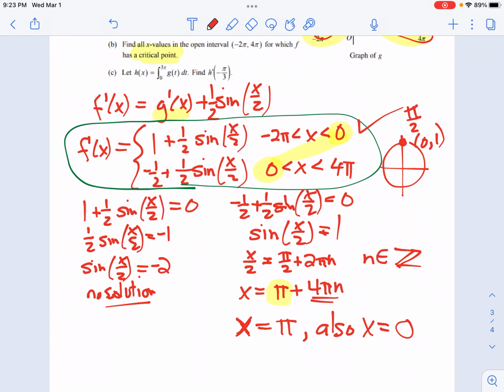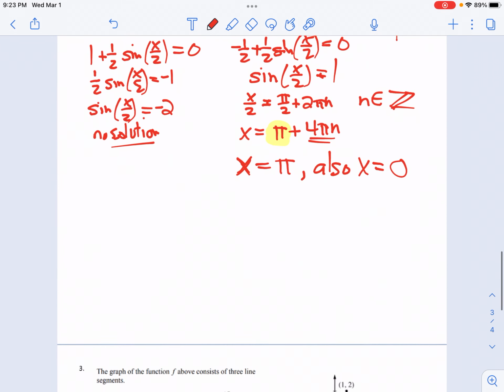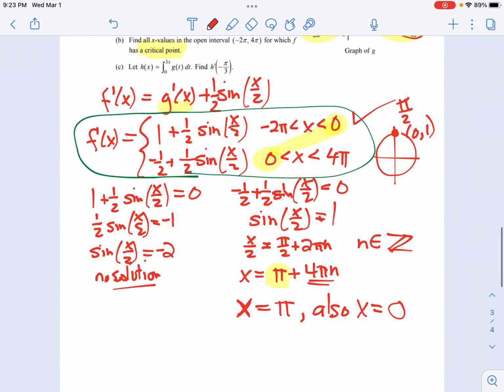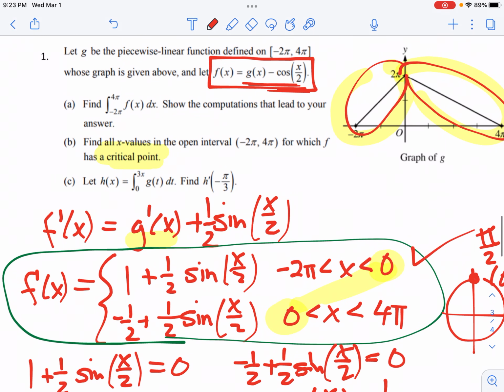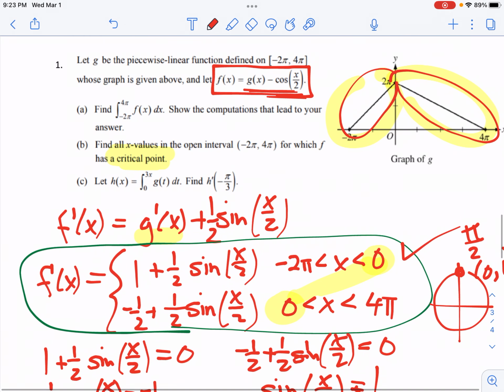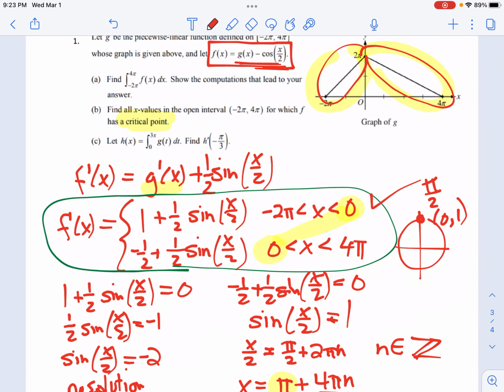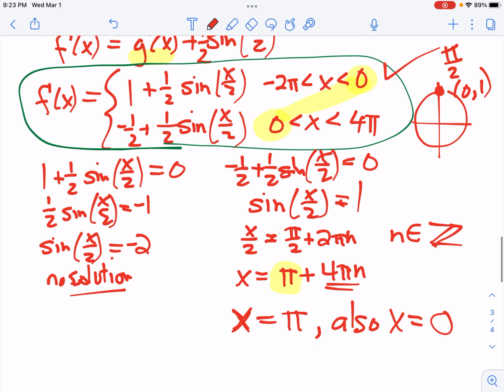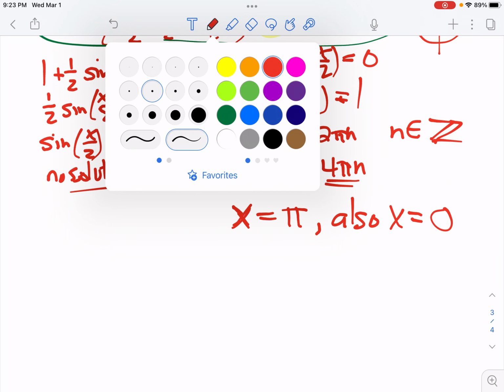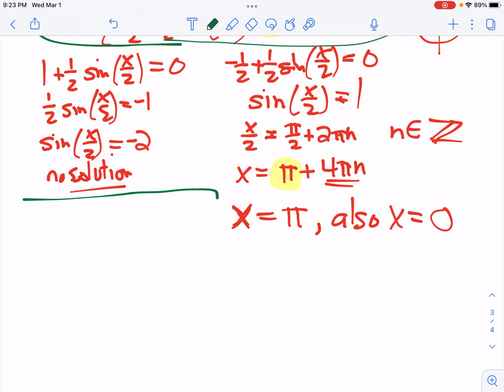All right, I'm going to clean this up. Do I have some space? Yeah, I got some space. Part C is let h of x be an integral from 0 to 3x of g of t dt. Find h prime of -pi over 3. I'm going to rewrite that again. This is tough stuff.